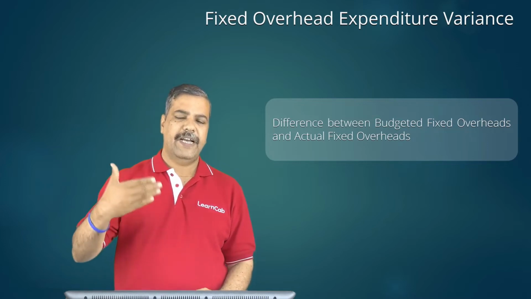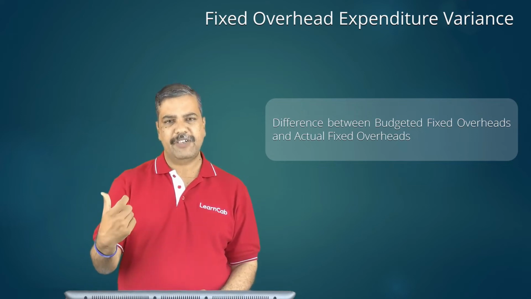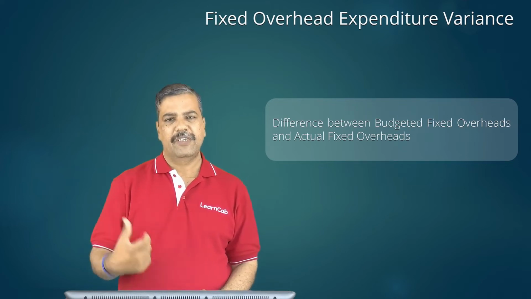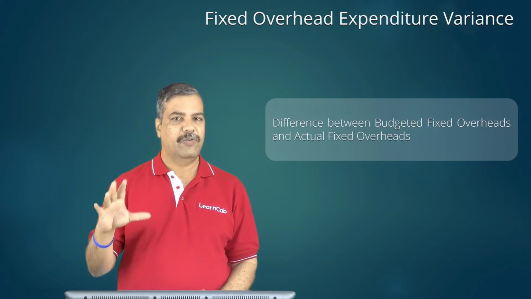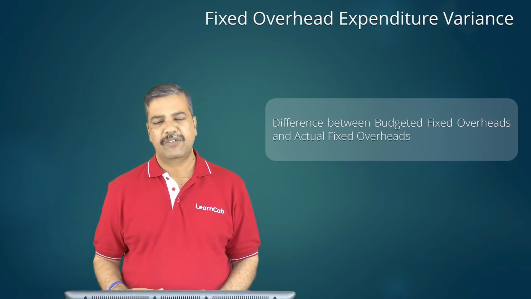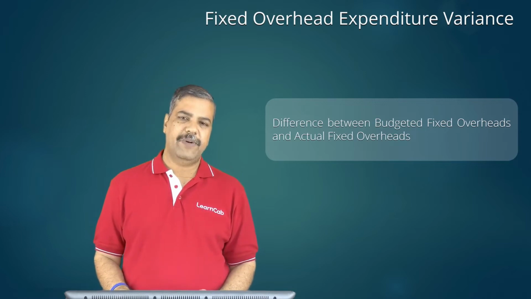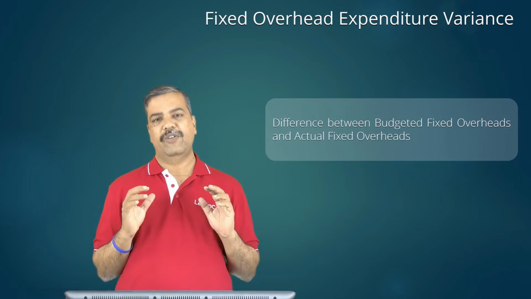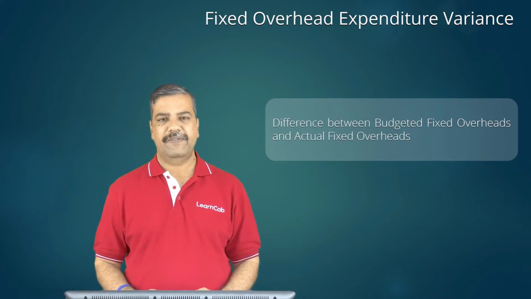So fixed cost as such I have budgeted over my period. That is my budgeted fixed cost. Please note, I am talking only about overhead. Whatever the budgeted fixed overhead cost is, that is deducted by your actual. What you have actually paid in that period tells you your expenditure variance.